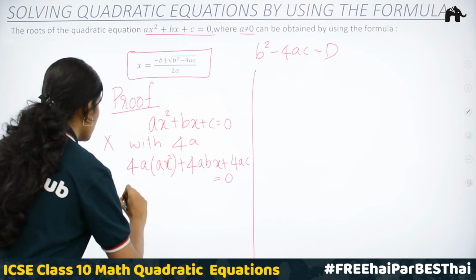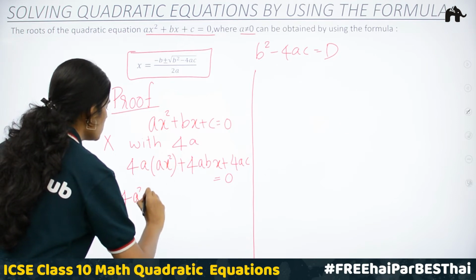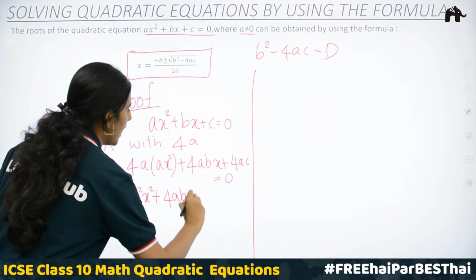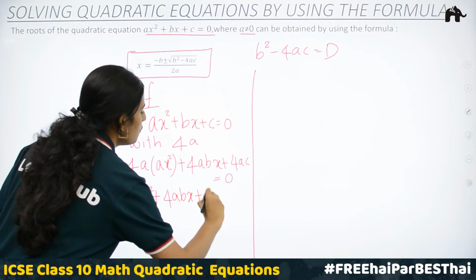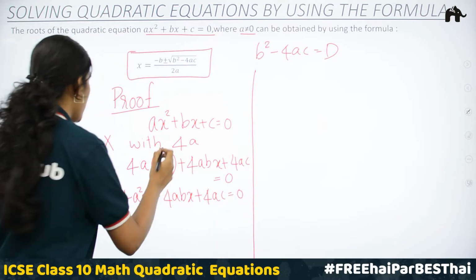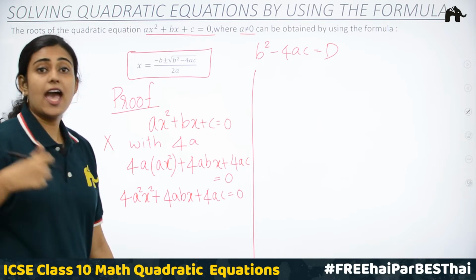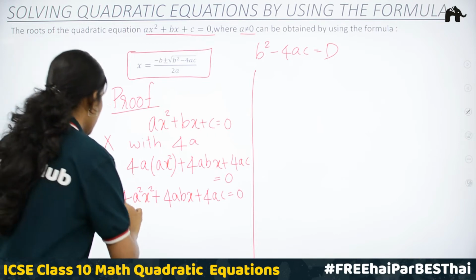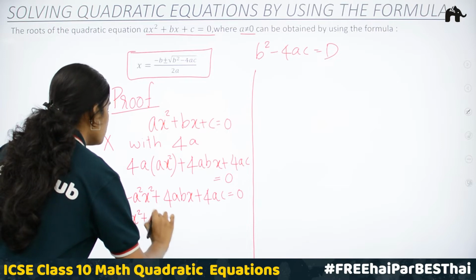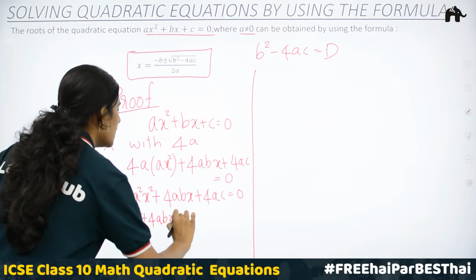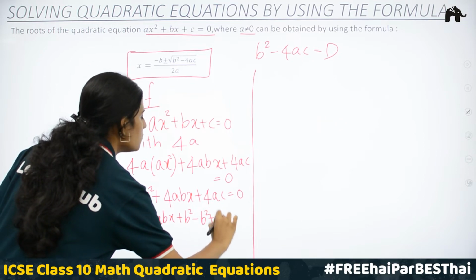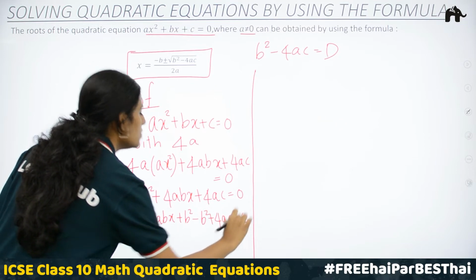Next, this becomes 4a square x square plus 4abx plus 4ac is equal to 0. In the next step, I am going to add and subtract b square. That is 4a square x square plus 4abx plus b square minus b square plus 4ac is equal to 0.